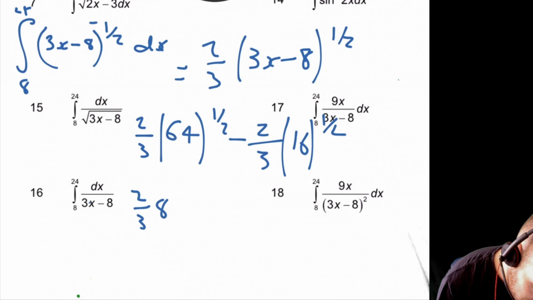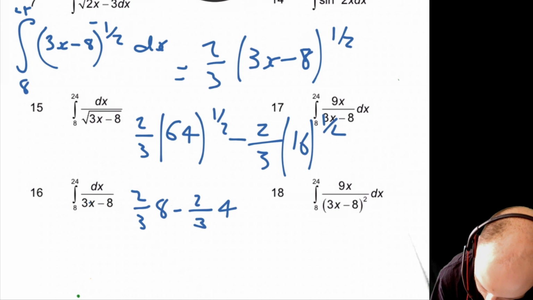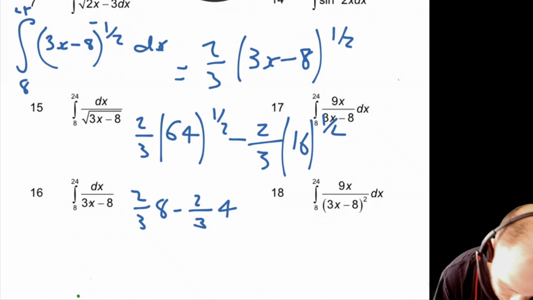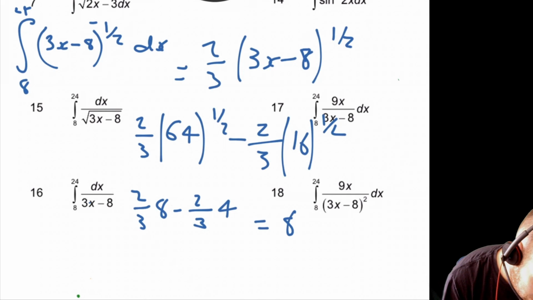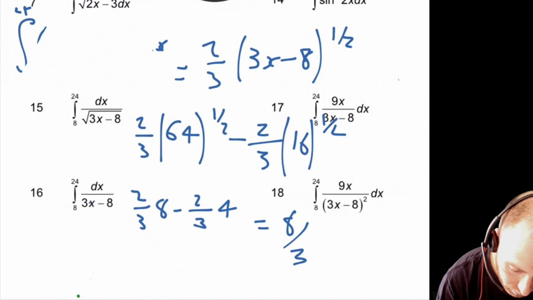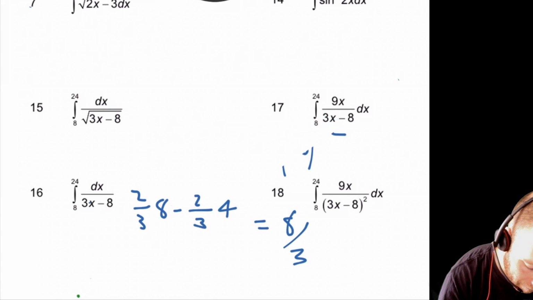So 2/3 of 8 minus 2/3 of 4 gives me 8 over 3 is my answer. Cool. So that is the first one.